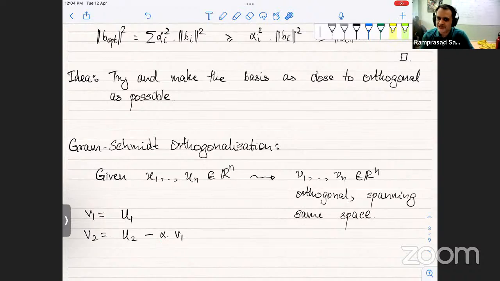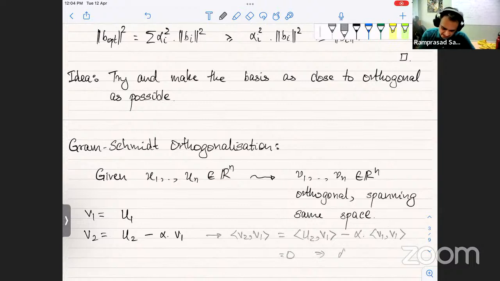Now you ask yourself, what constraints do I have? I am told that V2 must be orthogonal to V1. So let's take the dot product on both sides and see what we get. This implies that V2 dot V1 will be U2 dot V1 minus alpha times V1 dot V1, and I want to make sure this is equal to 0.